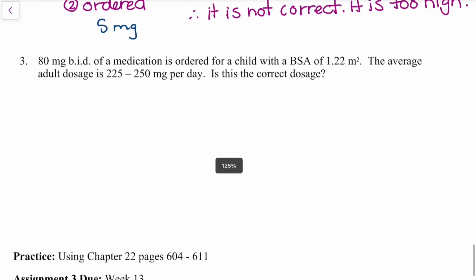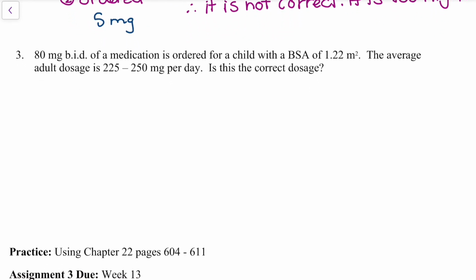Okay, and the last one here, 80 milligrams BID, which means twice a day, of medication is ordered for a child with body surface area of 1.22 meters squared. The average adult dosage is 225 to 250 milligrams per day. Is the dosage correct?